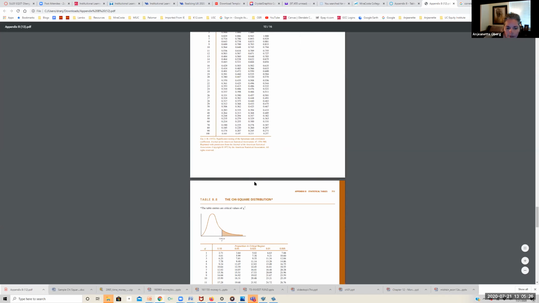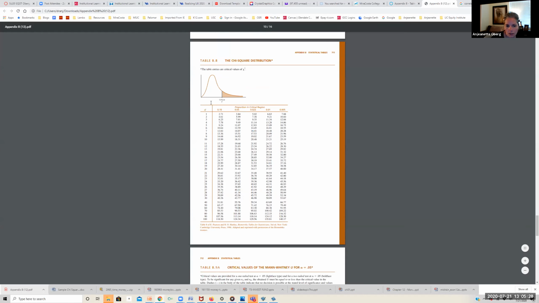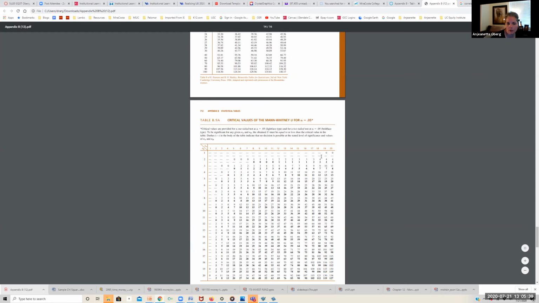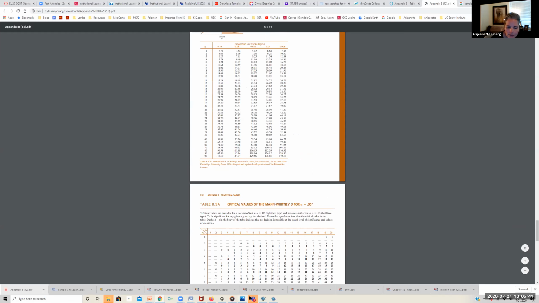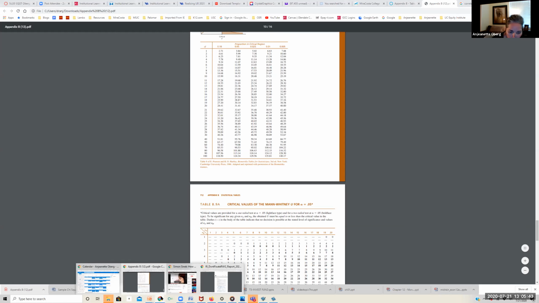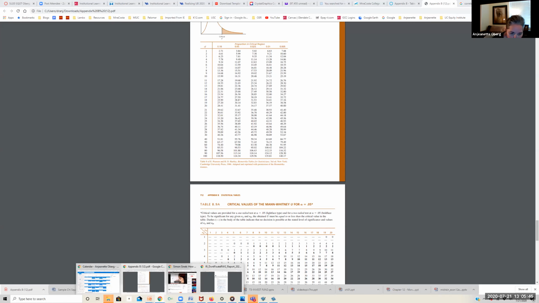And then now we're going to go to a chi-square distribution. So with the chi-square, we need to know our degrees of freedom, and we need to know what our alpha level is that we're using. So what proportion are we expecting in the critical region? Okay, and so let me then go back to our lecture.